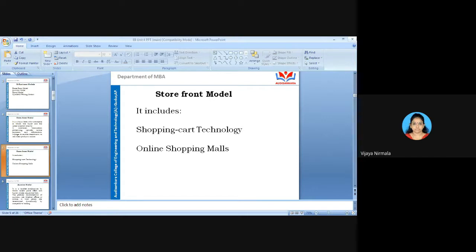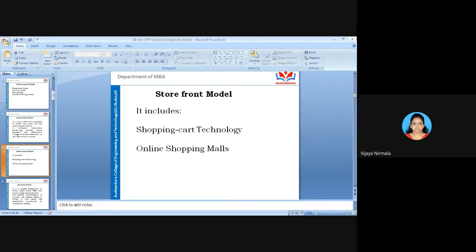It is often a system of computers that conducts all of the functions necessary for running a website. The best example of an e-business that uses shopping cart technology in the storefront model is Amazon.com.